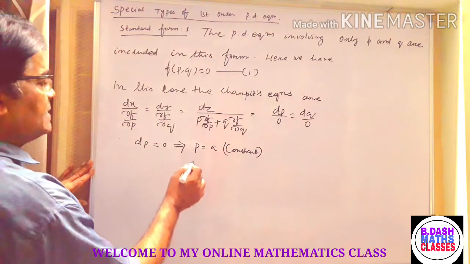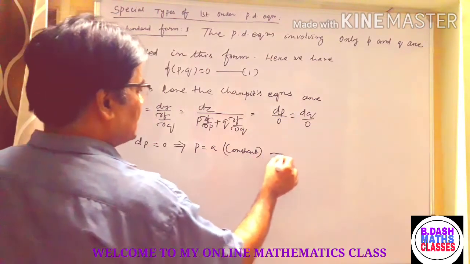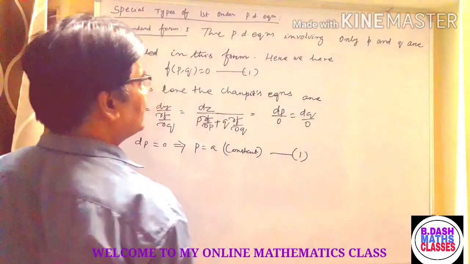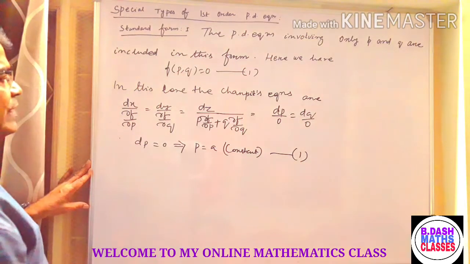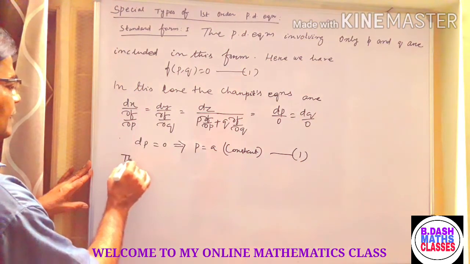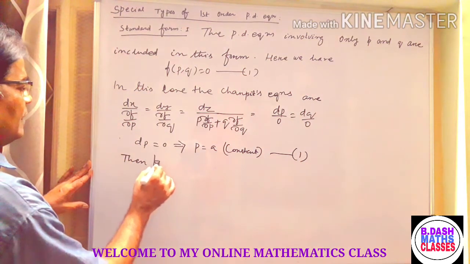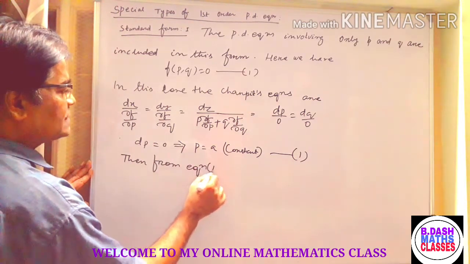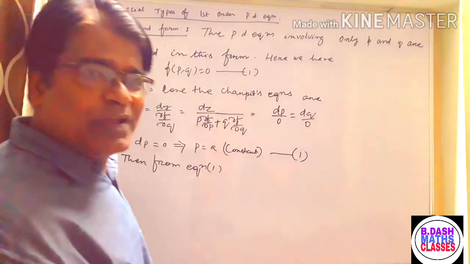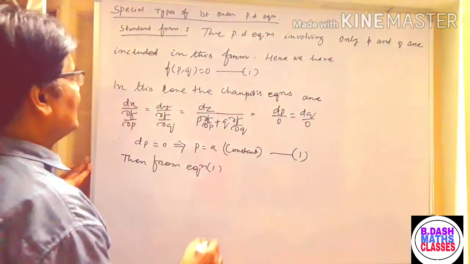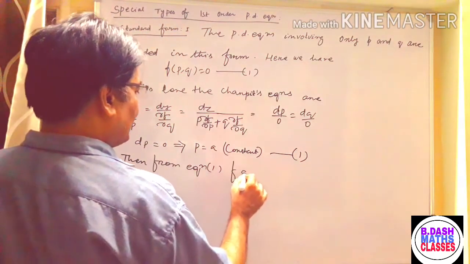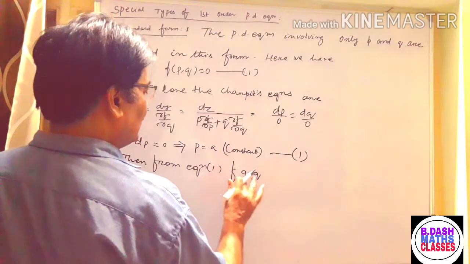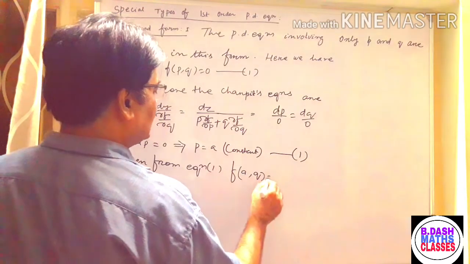Now, taking this value p is equal to a, let us substitute this value in equation 1. Then from equation 1 we get f of a, q is equal to 0.